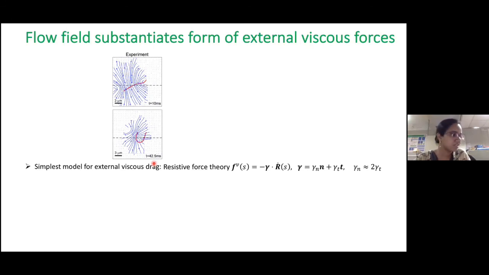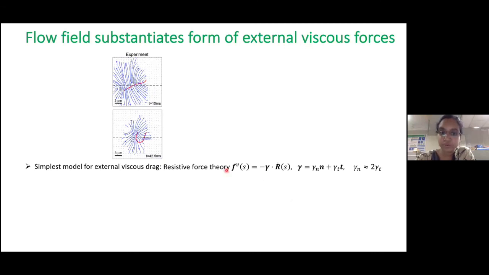So what does resistive force theory say? Resistive force theory says that the local viscous force is proportional to the local velocity of the filament. And I can measure the velocity of the filament very well because I know the waveform at high spatiotemporal resolution.